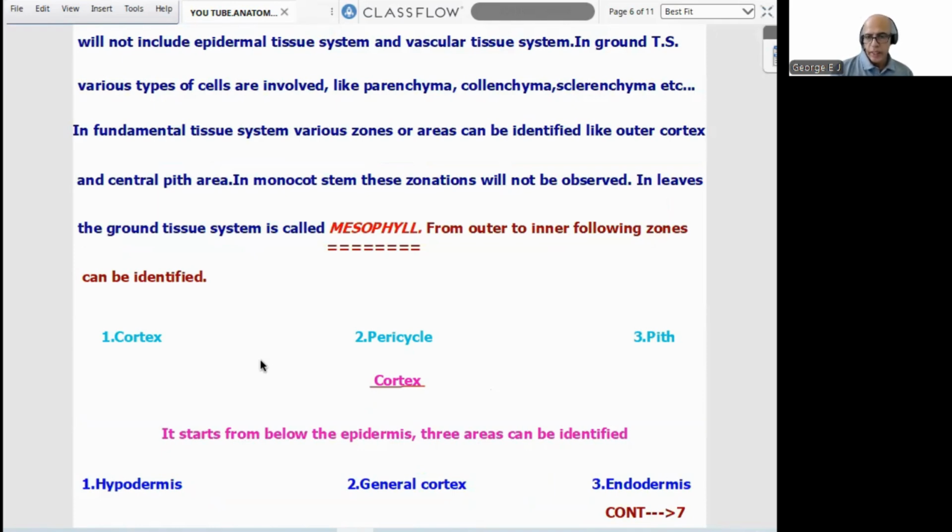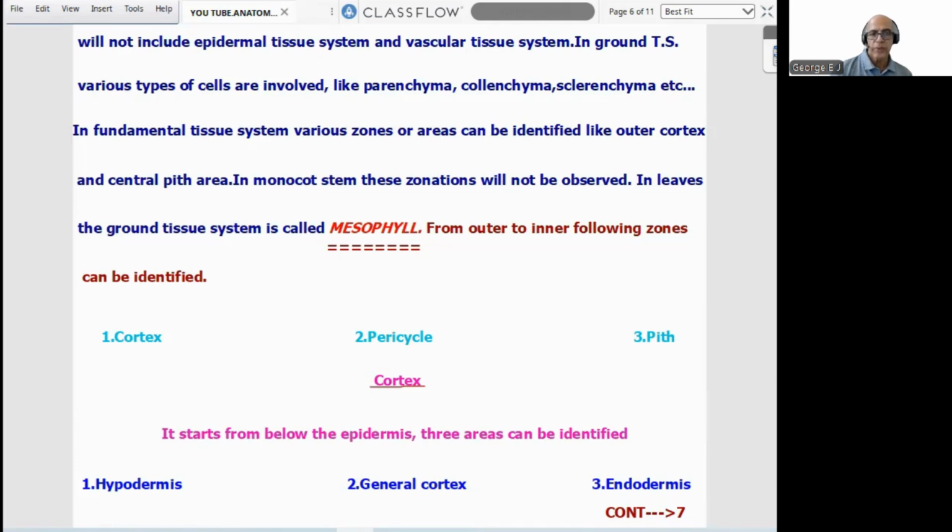Here TS means tissue system. Various types of cells are involved because it's a massive area, like parenchyma, collenchyma, sclerenchyma, etc. In the fundamental or ground tissue system, various zones can be identified like outer cortex and central pith area. In monocot stem, these zonations will not be observed or will not be clear.